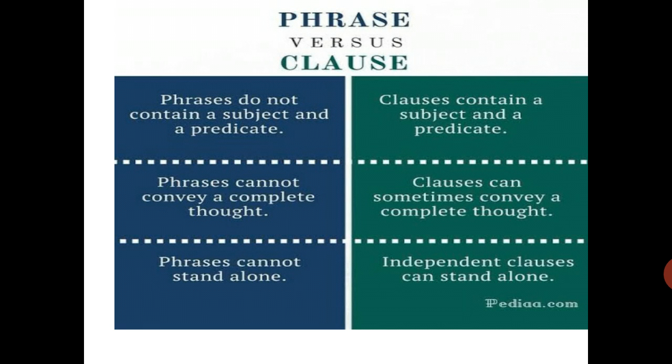So you have to remember, sometimes clauses can convey, sometimes they cannot. Phrases cannot stand alone. So only with a phrase we cannot convey anything. We can use a phrase, but not as a complete sense. Independent clauses can stand alone. So some clauses can stand alone.